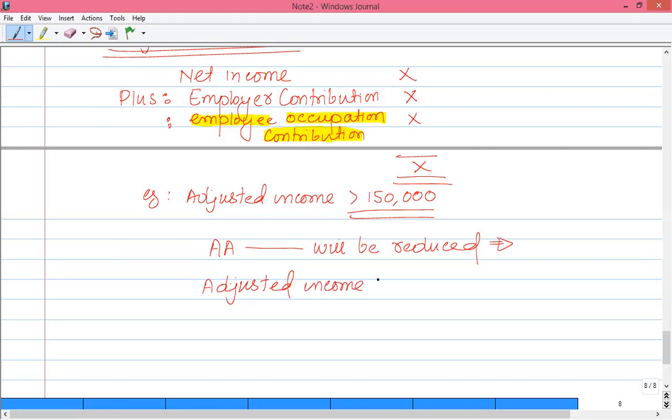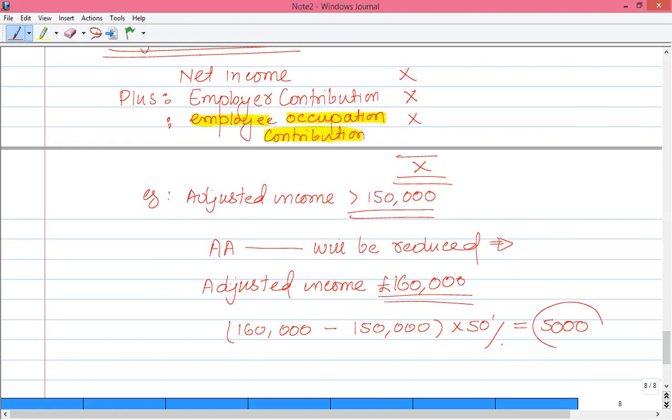Adjusted income is 160,000. Take adjusted income, compare it with 150,000, find the excess value, multiply by 50%, and the half value, that is 5,000, is the reduction in annual allowance. In this way, the reduction can be found, and you can find out how much allowance is available.